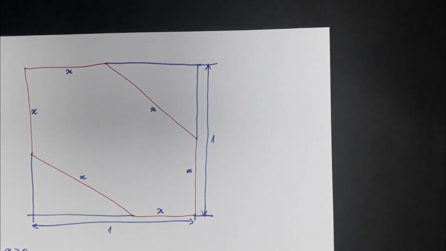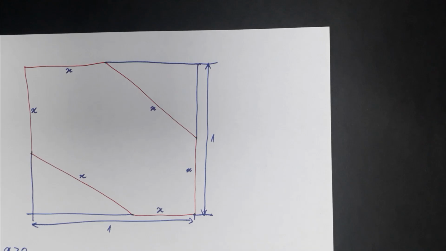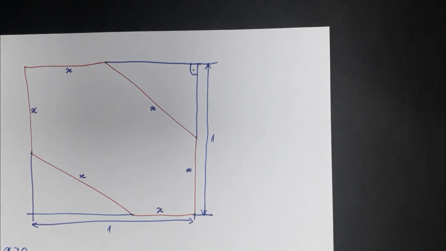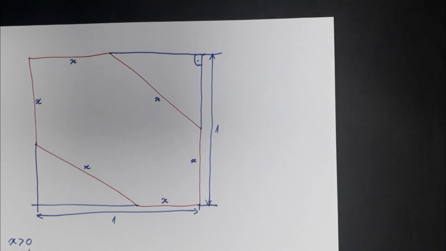Let's now take a look at this triangle. We can immediately observe that this is a right-angled triangle. It has a hypotenuse of length x, and that x is exactly what we need to find. At this point, we can use the Pythagorean theorem to find this length x. We need the length of both catheti of this right-angled triangle.